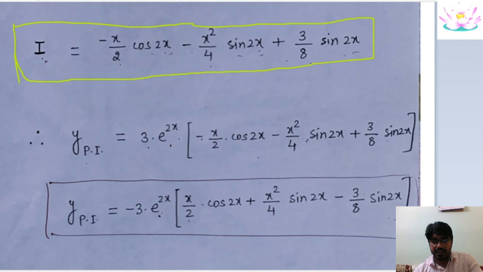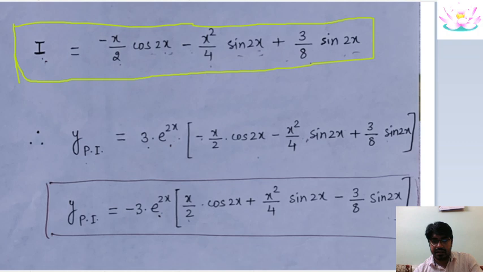As we know, we have calculated the complementary function and particular integral. So when the particular integral and the complementary function are added up, then we get the general solution. Here we can see that the general solution is the sum of the complementary function and particular integral.